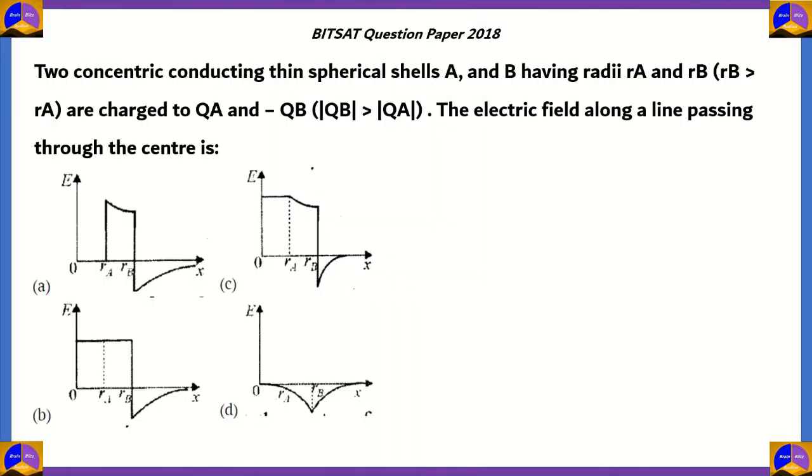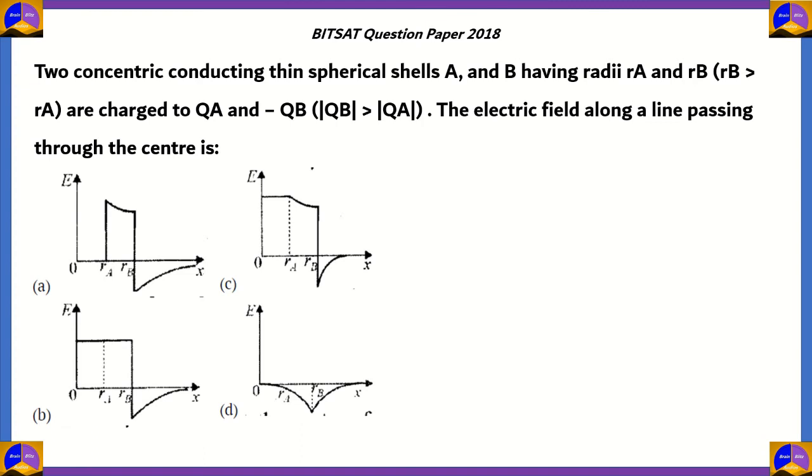Now we've reached the final question of this episode. Two concentric conducting thin spherical shells A and B having radii RA and RB, where RB is greater than RA, are charged. The shell A is charged to QA and the shell B is charged to minus QB.